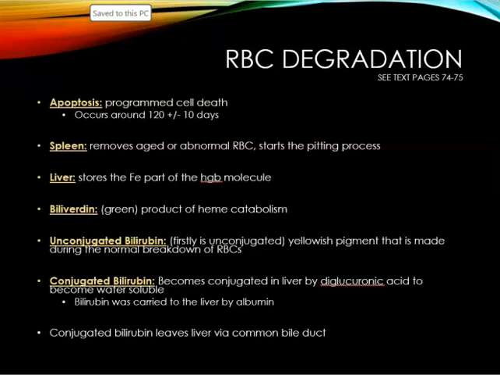Your spleen is the organ that starts to remove aged or abnormal red blood cells. It starts to remove them by doing something called a pitting process to the red blood cells. The liver stores iron, Fe is representing iron, as part of the hemoglobin molecule.